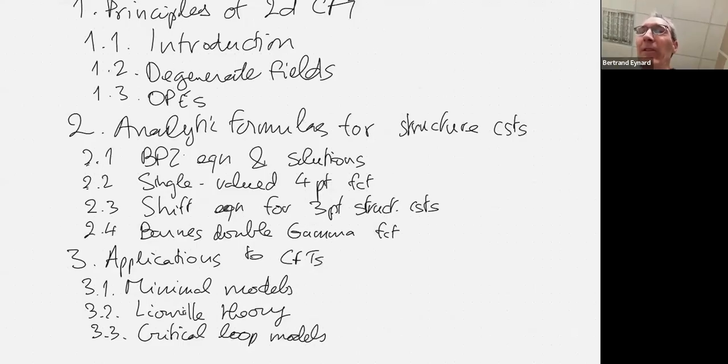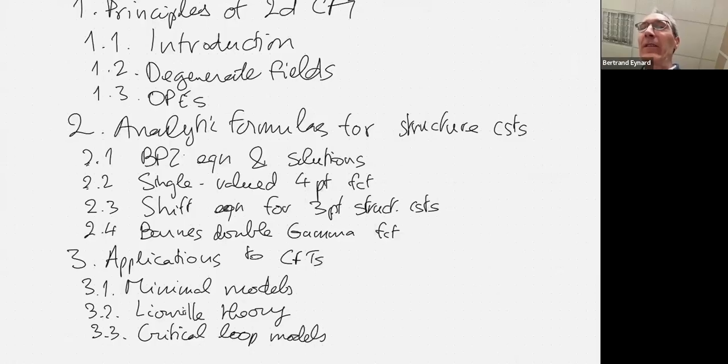And the solutions we want give rise to single-valued 4-point functions. And from the behavior and properties of these 4-point functions, we can deduce the so-called shift equations for 3-point structure constants. And then we have to solve these shift equations. And this will be done in terms of a special function called Barnes double gamma function.